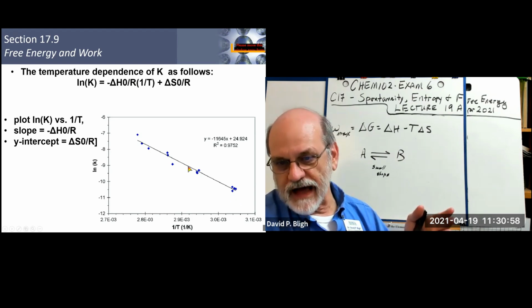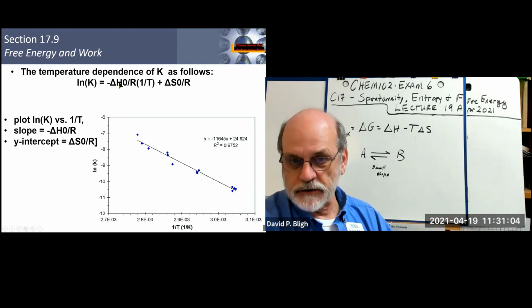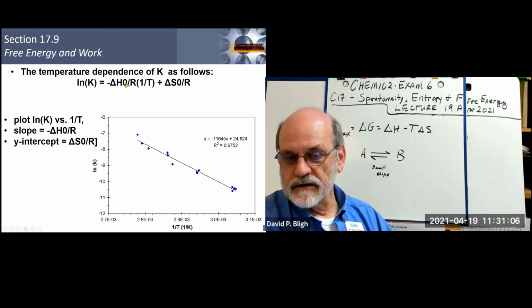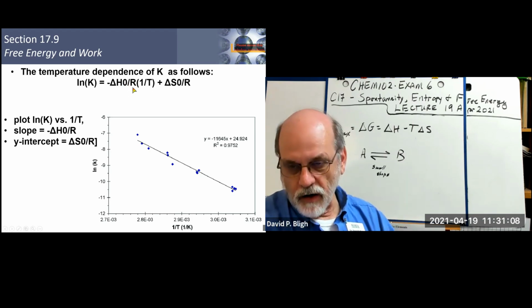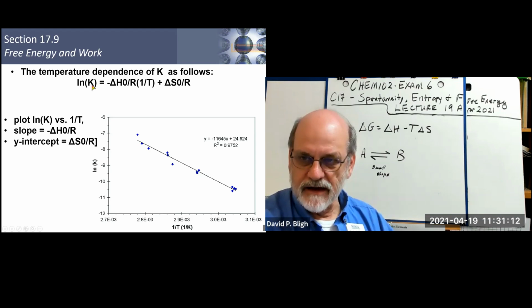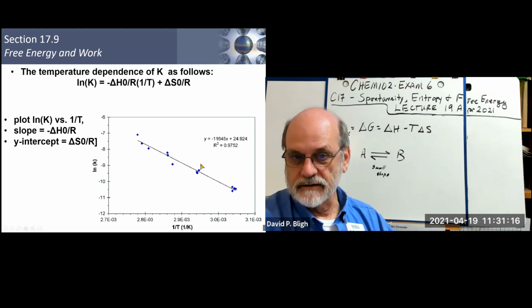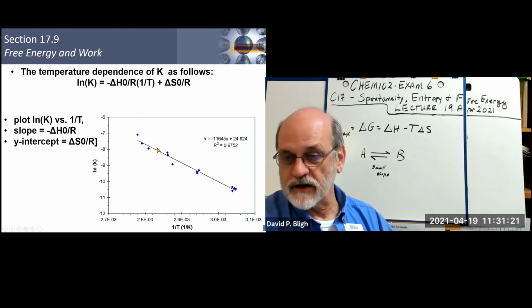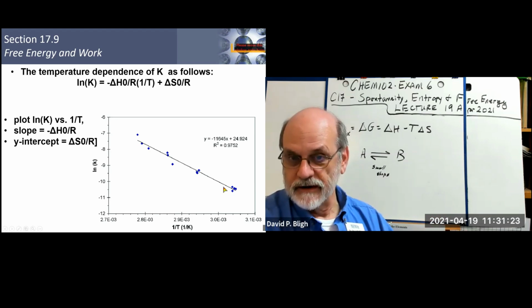And the slope of that line, this value right here, minus 11,645 in this example, is equal to delta H0 divided by R. So if we plot the log of K against the inverse of temperature, we get this equation. And we can calculate delta H from this equation. All we need to know is measure the slope and set the slope equal to this term right here.